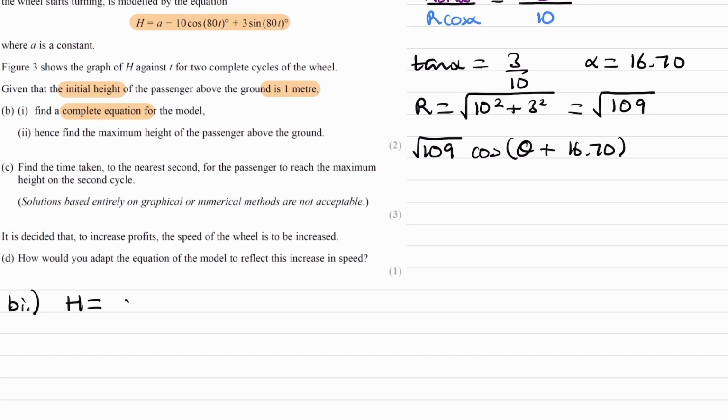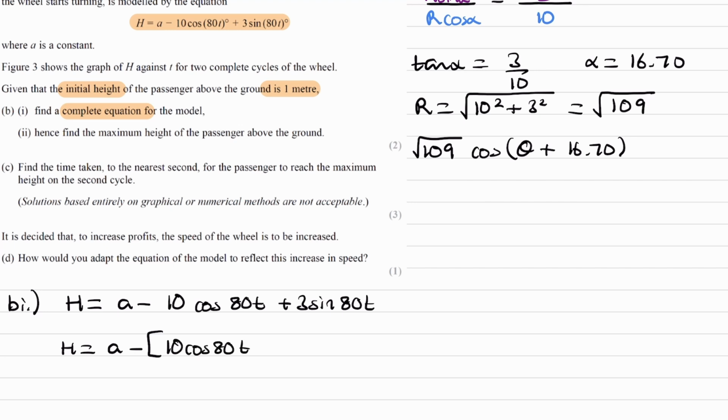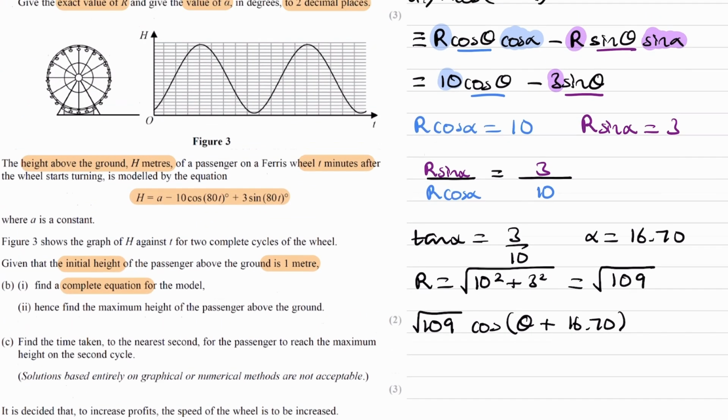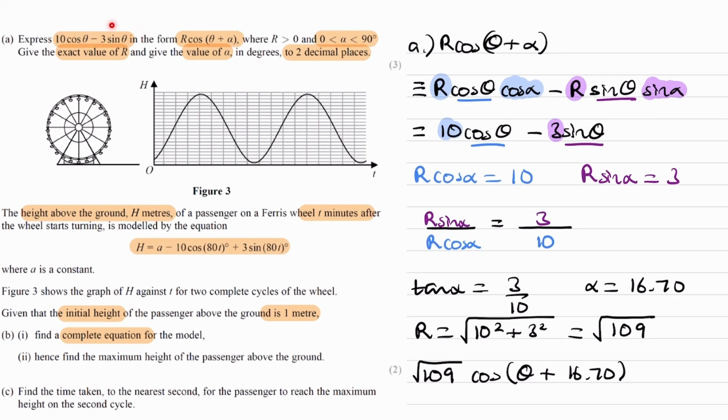So we have h is equal to a minus 10 cos at plus 3 sin at. I'm going to rewrite this first of all as a minus brackets 10 cos at minus 3 sin at, because now we can see that what we have over here, 10 cos at minus 3 sin at, is the same thing as what we had here, with theta being at.